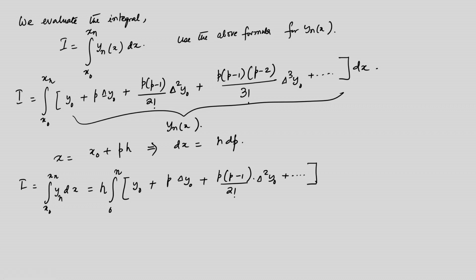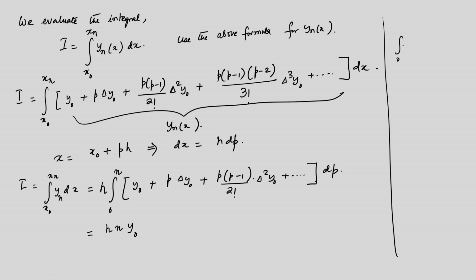So, let us see that this is of course h into n y 0, because this is just a 1, and then you have a dp here. So, this is that h dp. So, the first term becomes h n y 0.